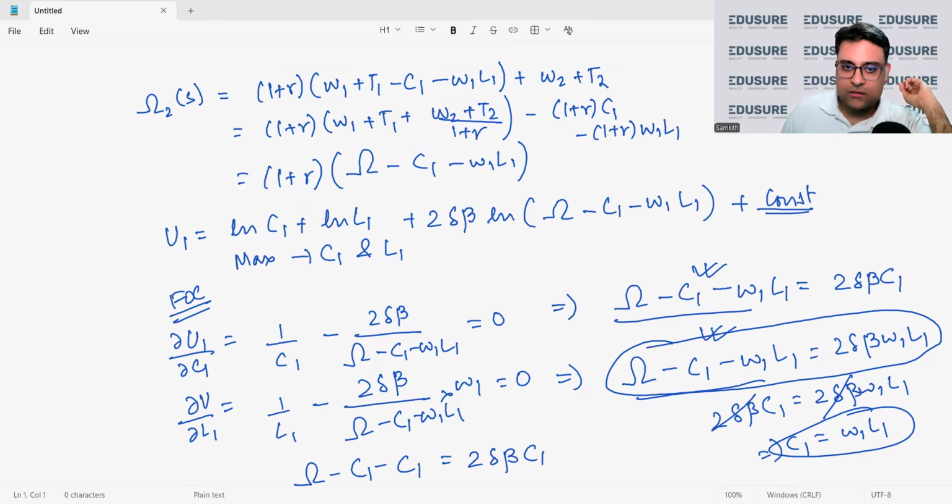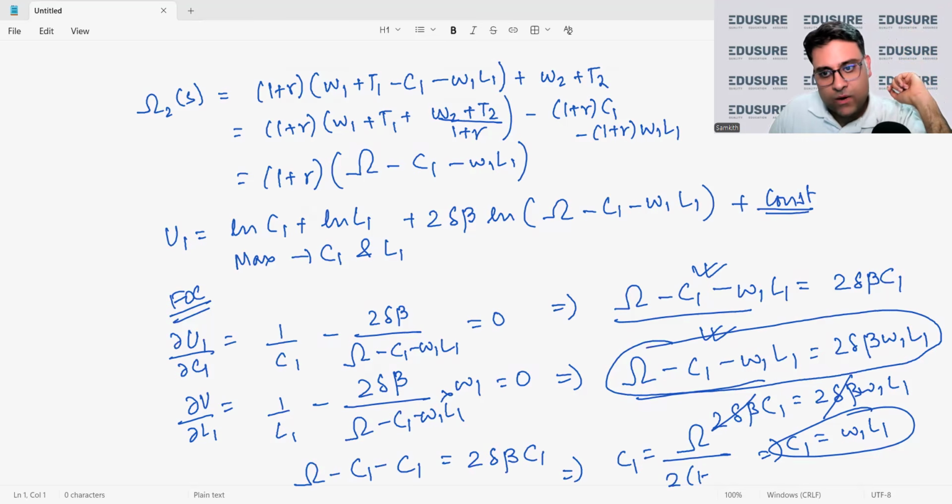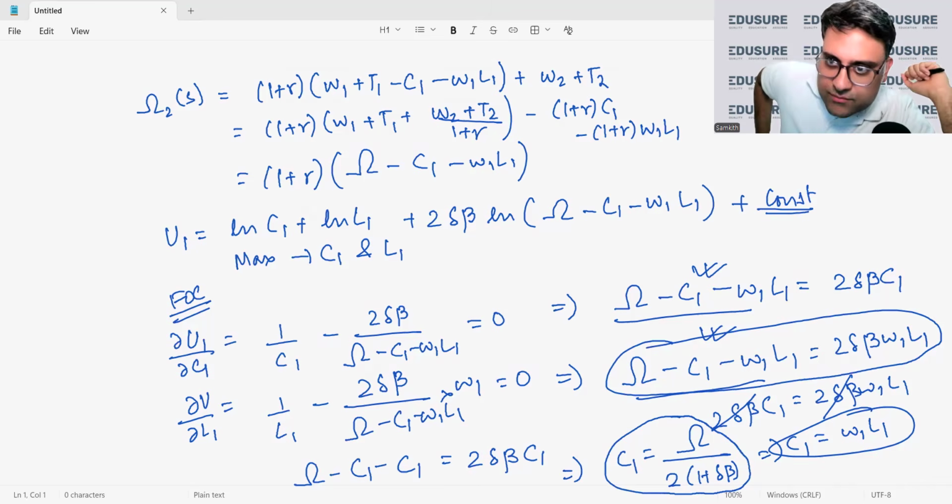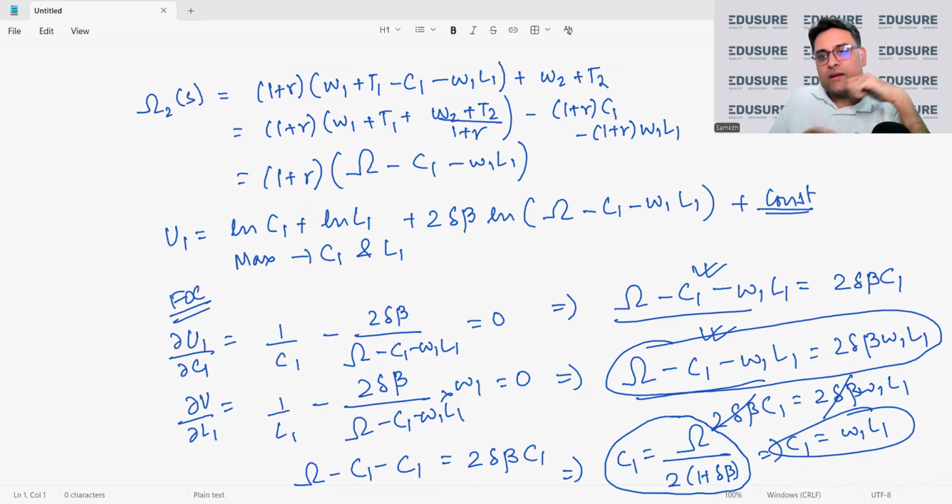So this will go there and I will get C1 is equal to omega divided by 2 into 1 plus delta beta. Am I clear? The 2C1 goes there, takes 2C1 common into 1 plus delta beta. That is what I'll get, so I'll just take that on the other side. That is my C1 star. Clear?